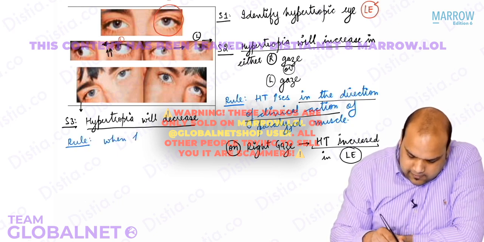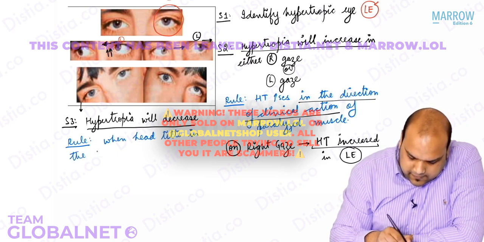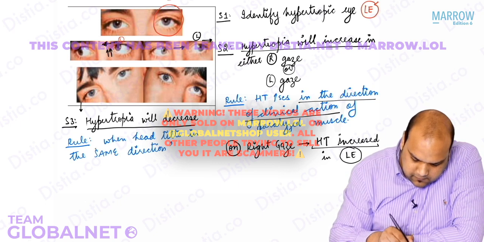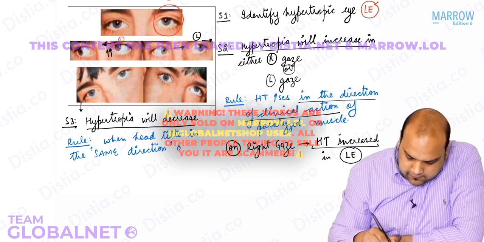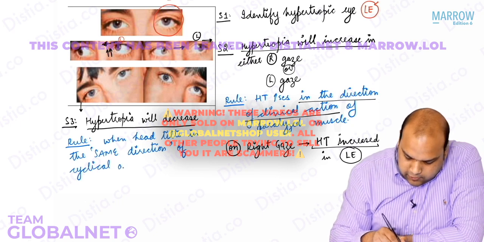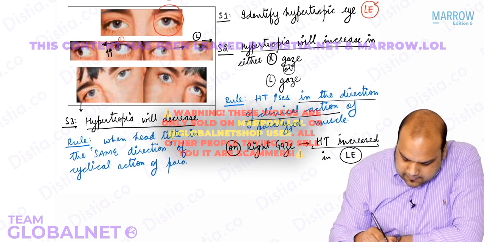When the head tilts in the same direction of cyclical action, intorsion or extorsion, of the paralyzed muscle.